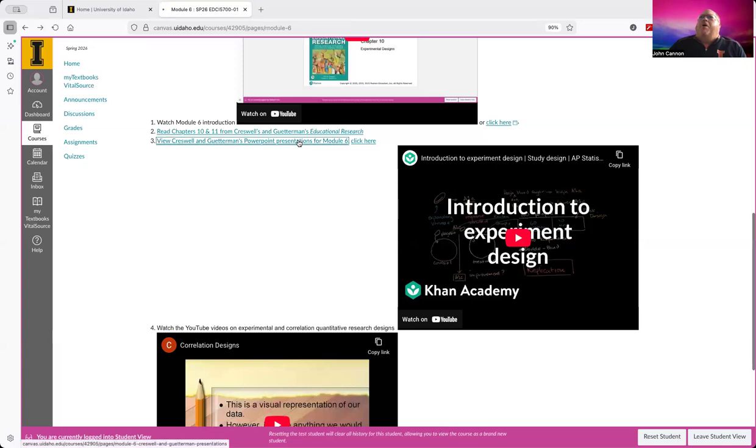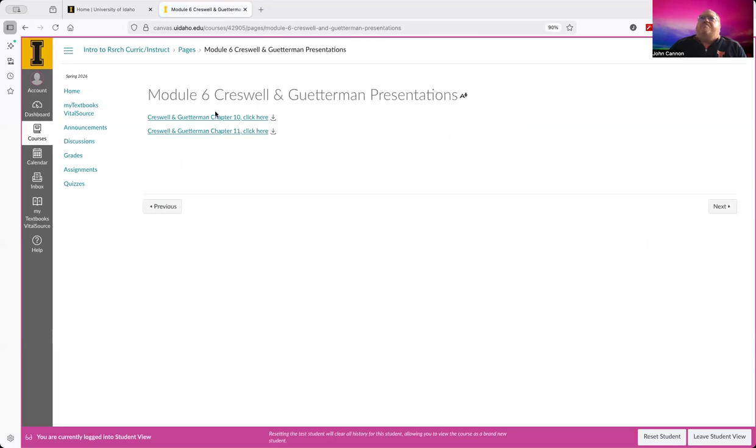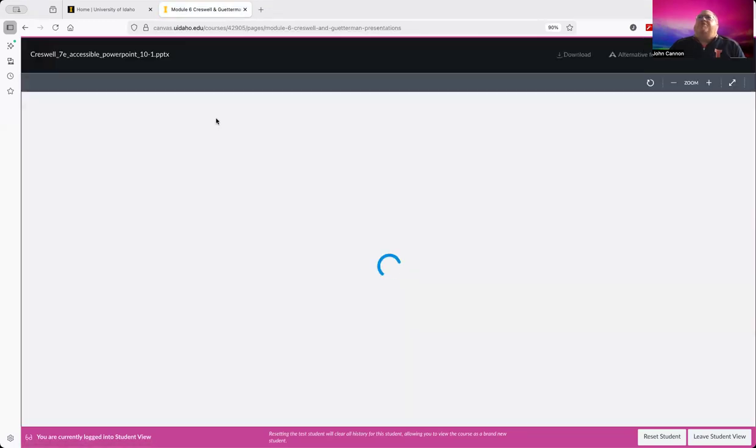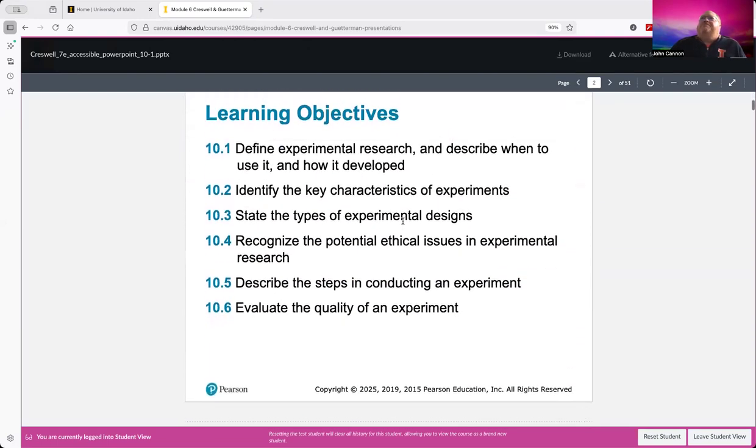Then we've got the supplemental PowerPoints. And then on chapter 10, we'll go through the learning objectives. The first one from Creswell and Guterman is define experimental research and describe when to use it and how it developed. Number 2 is identify the key characteristics of experiments, state the types of experimental designs, recognize the potential ethical issues in experimental research.